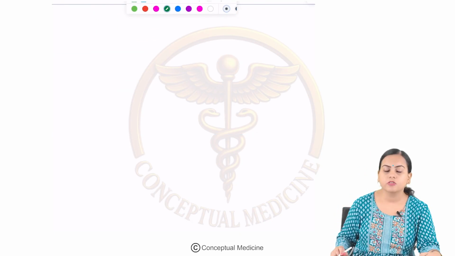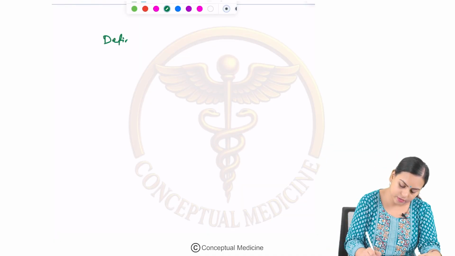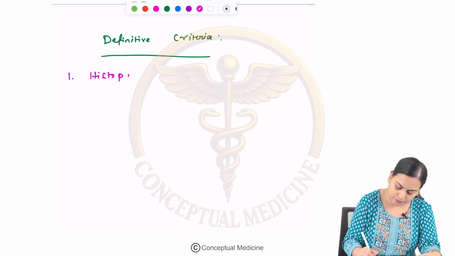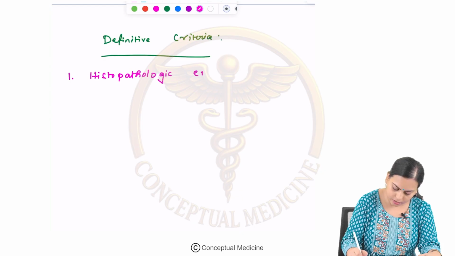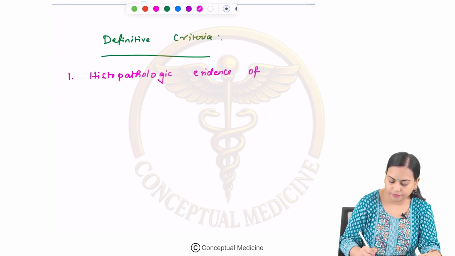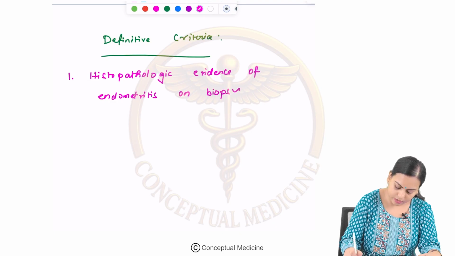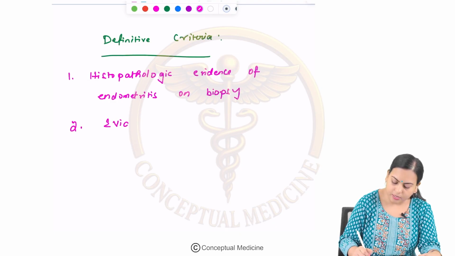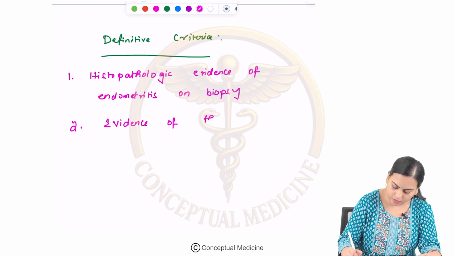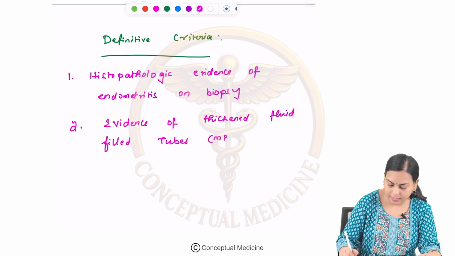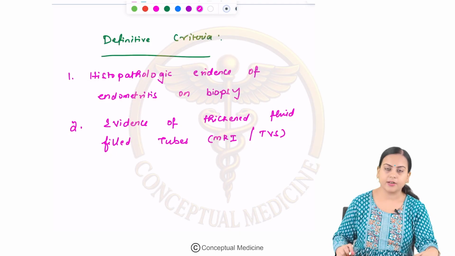Okay. Right. So, apart from this, we also have a definitive criteria which will show histopathologic evidence of endometritis on biopsy, and there can be evidence of thickened fluid filled tubes that can be seen by MRI or transvaginal ultrasonogram.